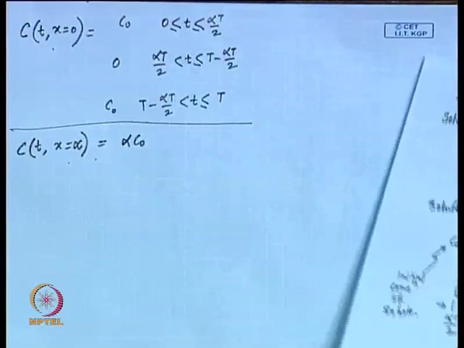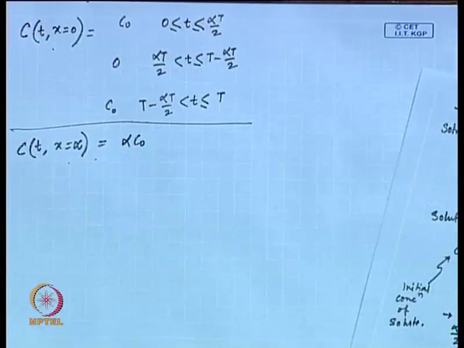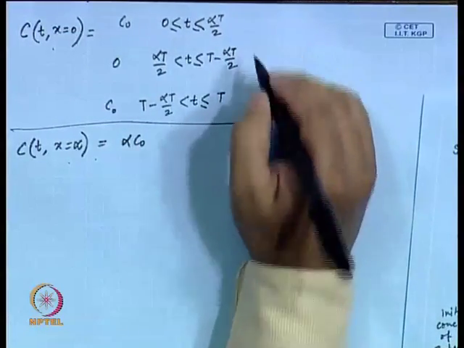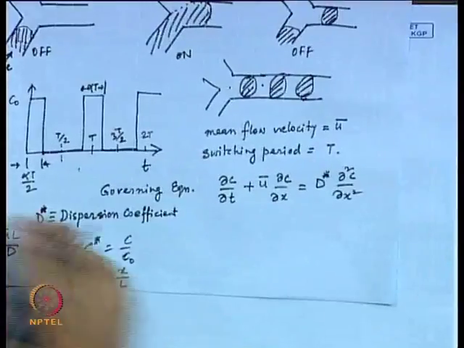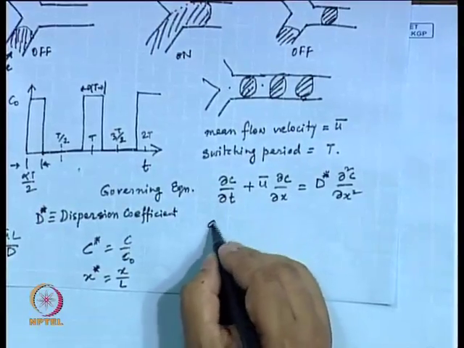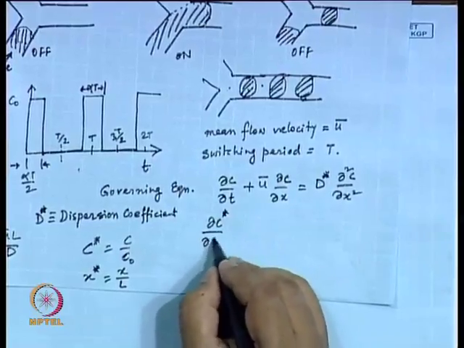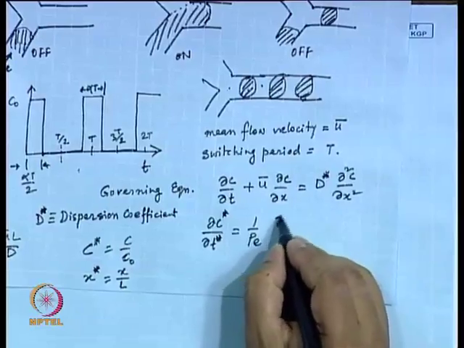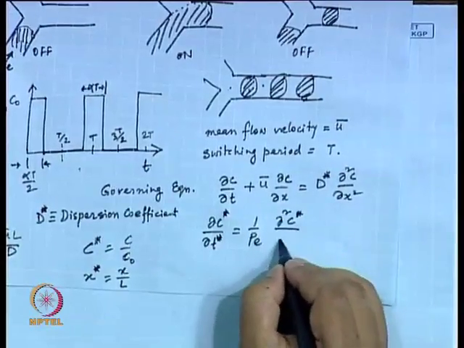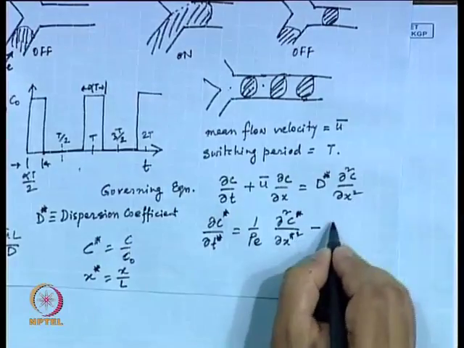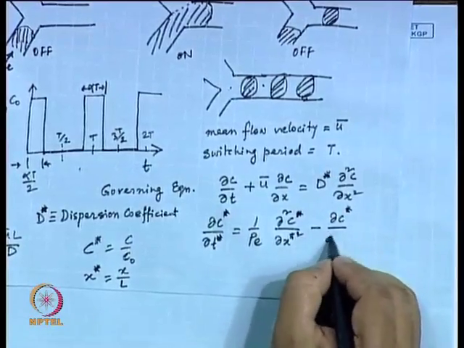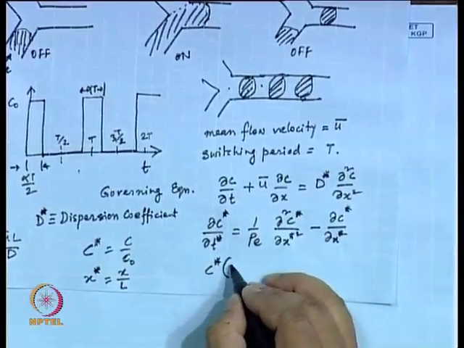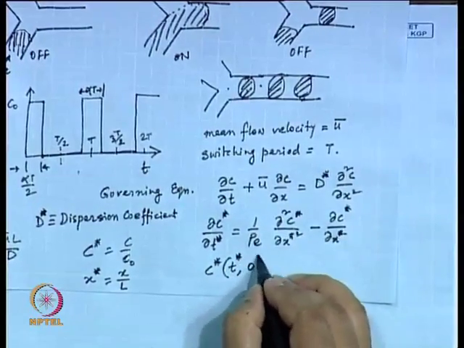And if you write this governing equation in terms of dimensionless quantities, you can always do that. Then you would write this C star at T star 0.